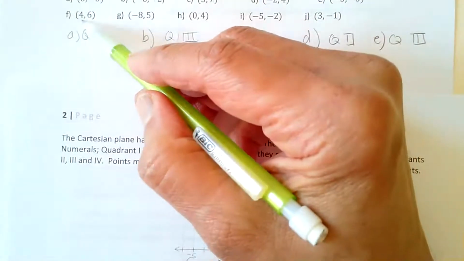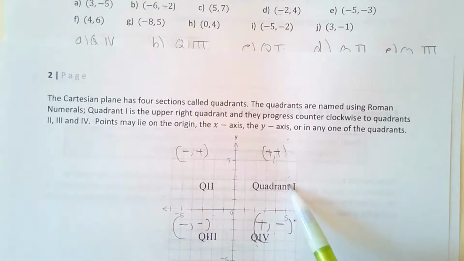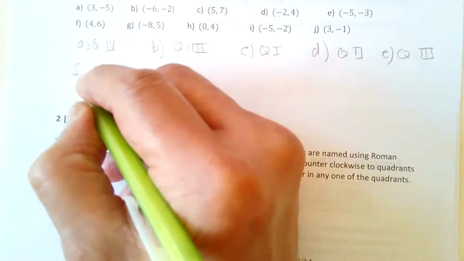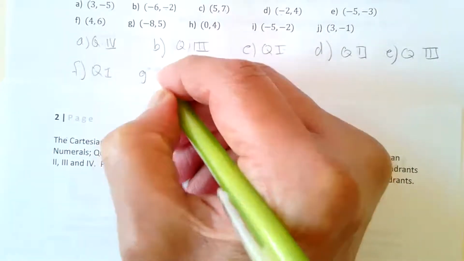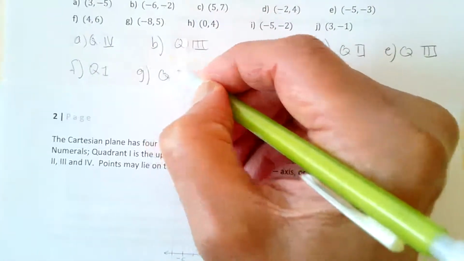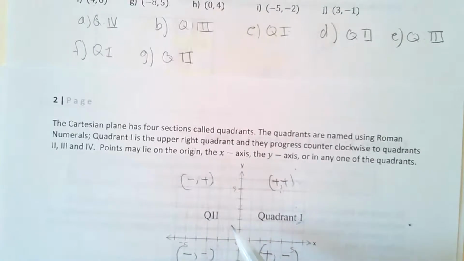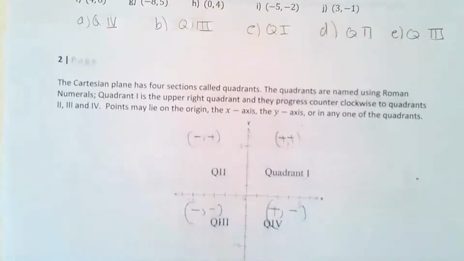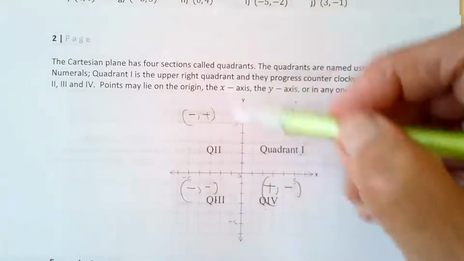So we have F, 4, 6. So we have 2 positives, that'll be in quadrant 1. G, a negative and a positive, that'll be in quadrant 2. And if you're not too sure, just try plotting the points on the graph.